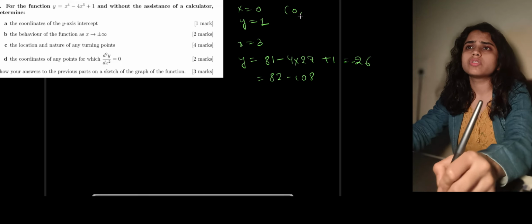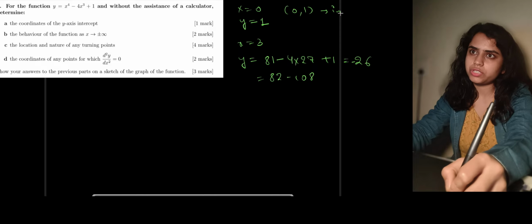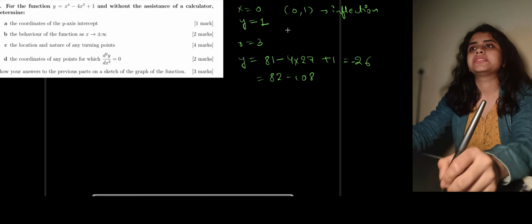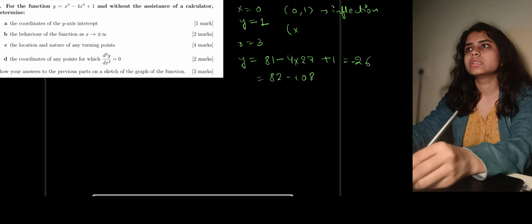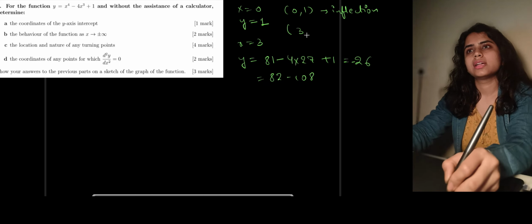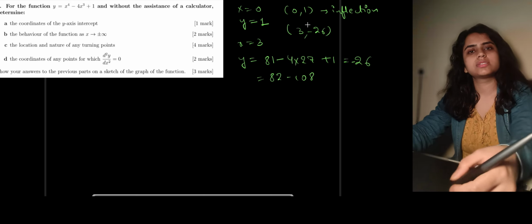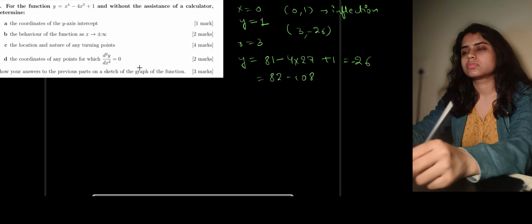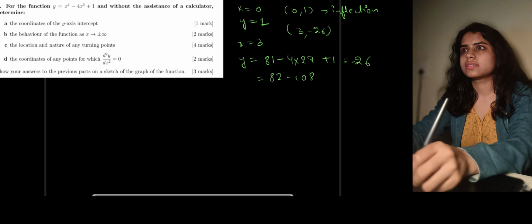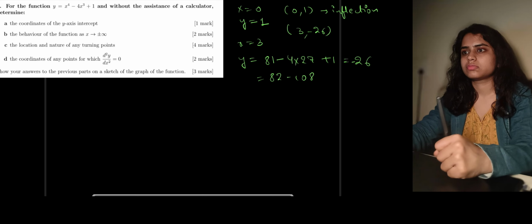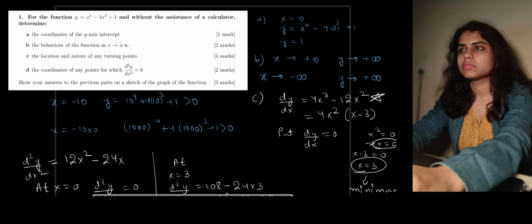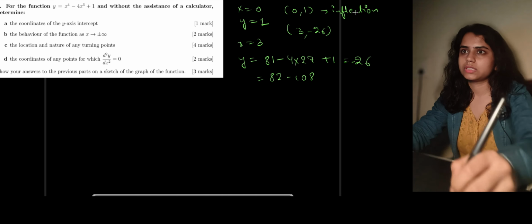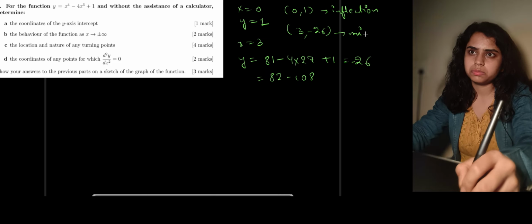So we have (0, 1) as the point of inflection, and (3, negative 27) is the point of minimum.